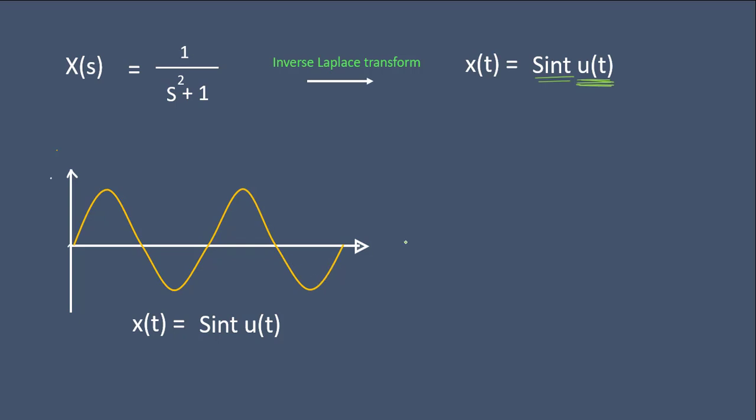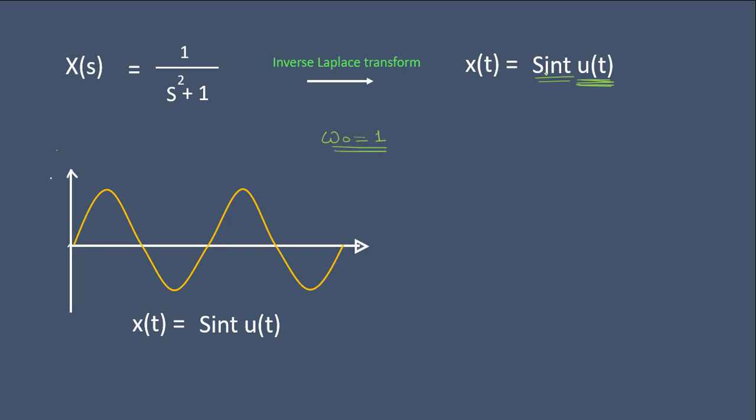Now we know sine t, cos t, these are all sinusoidal signals, and all sinusoidal signals have some oscillations. Oscillation means the value of omega naught. Here the value of omega naught is 1.